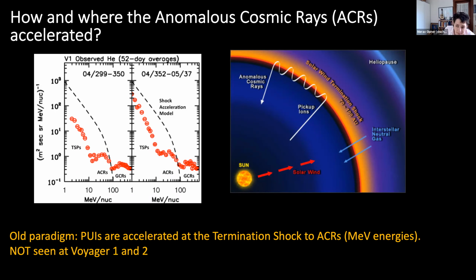I am a little skeptical about this theory because Voyager 2 also crossed the termination shock and also didn't see acceleration. You have to remember that the shock is weak. So it's not a very good shock to accelerate particles. But it's an interesting universal question on the acceleration of particles.